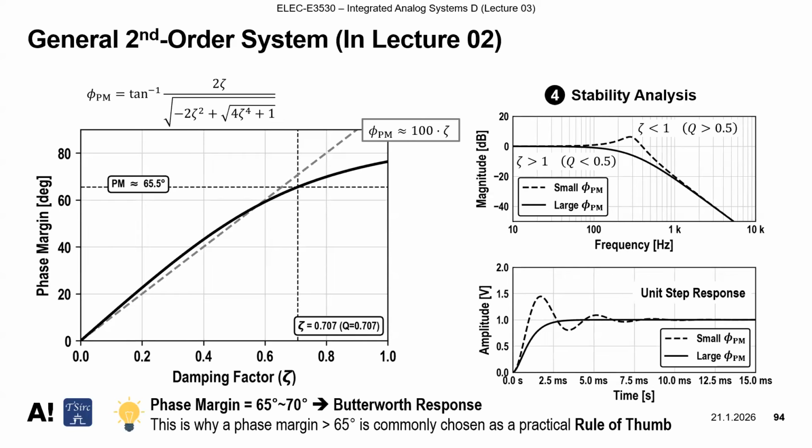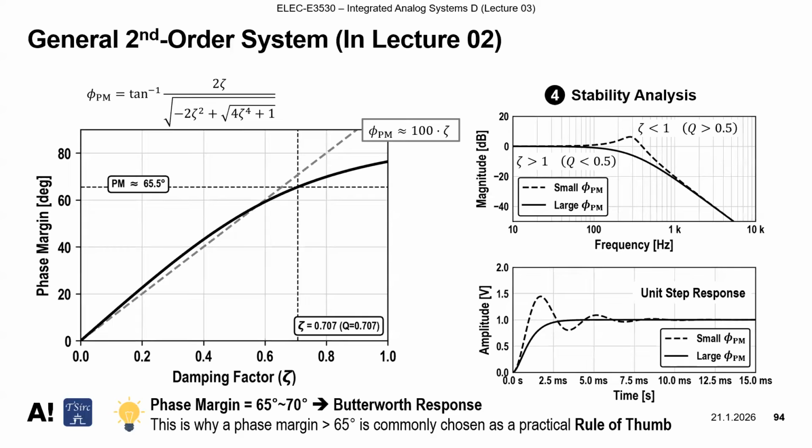So phase margin equal to 65 to 70 degree, again, that goes to a Butterworth response. This is because our Q factor is closer to 0.707. And this is why phase margin larger than 65 degree is commonly chosen as a practical rule of thumb.